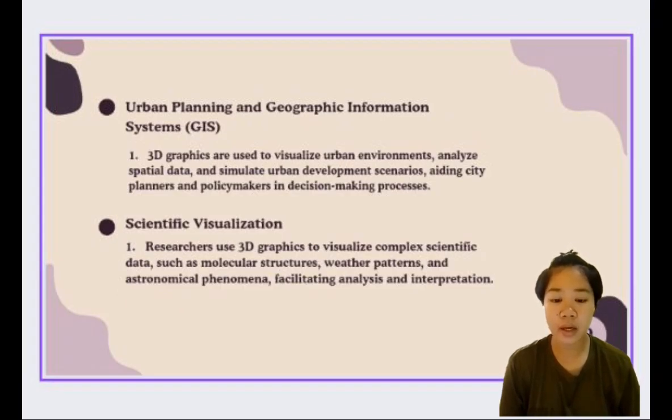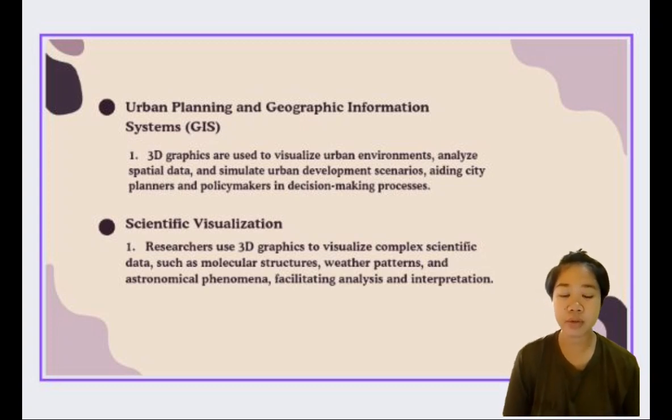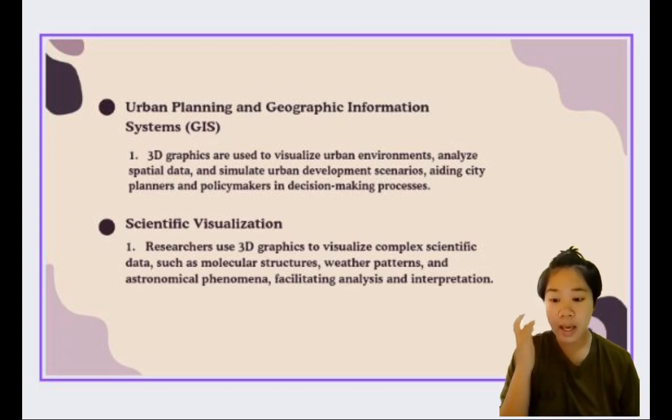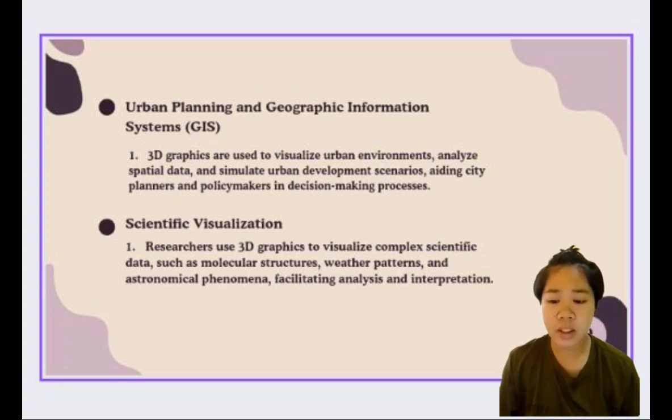Urban planning and geographic information systems. 3D graphics are used to visualize urban environments, analyze spatial data, and simulate urban development scenarios, aiding city planners and policymakers in the decision-making process. Scientific visualization.